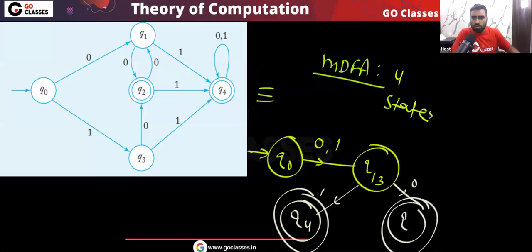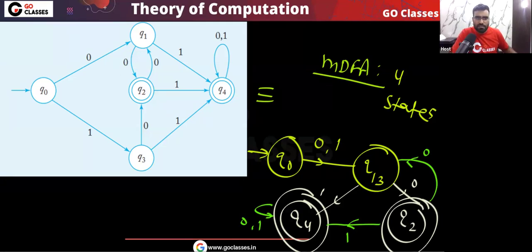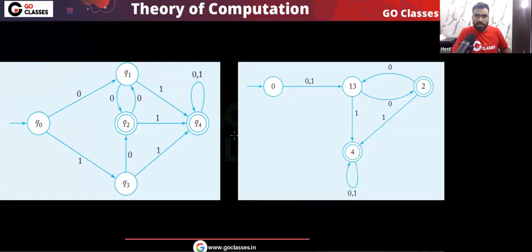And you can easily see from Q2 on 1, we will go here, and on 0, we will go here. So this will be your minimal DFA. There will be 4 states in the minimal DFA. When you merge Q1, Q3, this is the minimal DFA you will get.